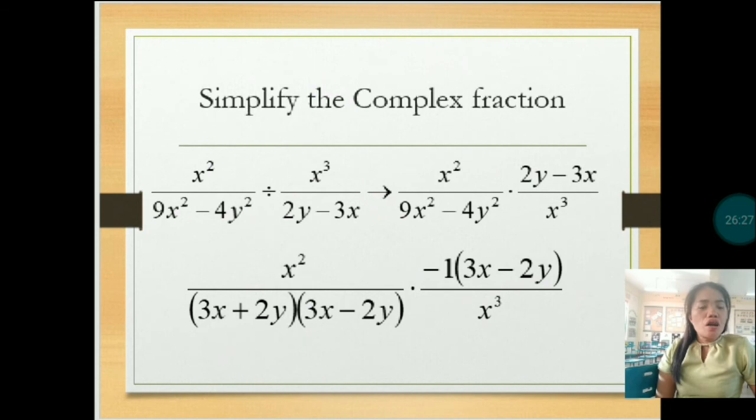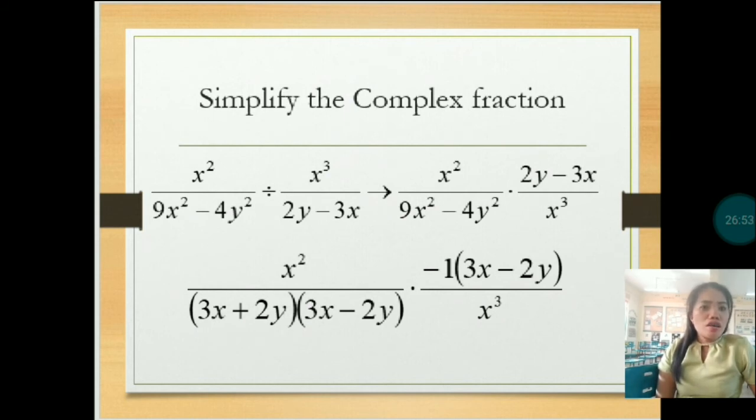Now our numerator, our first rational expression or our dividend is x squared divided by 9x squared minus 4y squared, which is a difference between two squares. So you have 9x squared minus 4y squared. That can be factored into 3x plus 2y and 3x minus 2y.